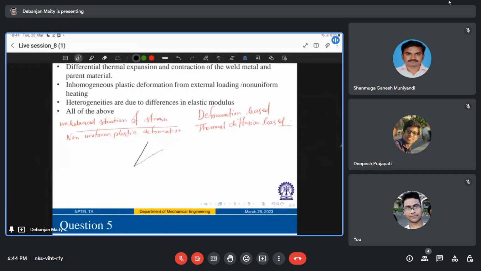This is my cutting tool. This is my chip, maybe, right?